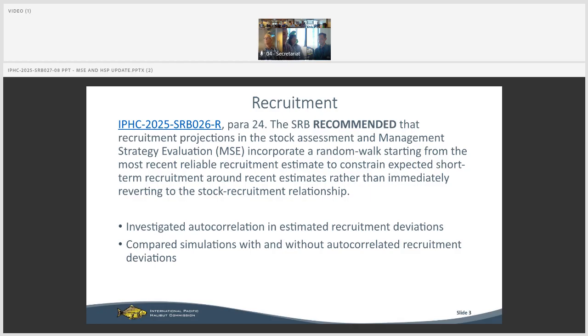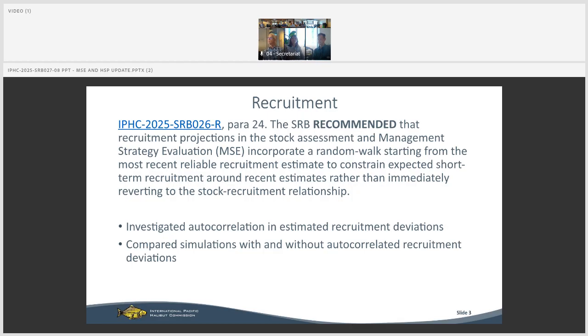So here is the SRB request, and this was for the stock assessment and management strategy evaluation. Ian showed a little bit of this just a few moments ago, showing that for the 3-year projections in the stock assessment, it didn't really have a lot of effect because it's not even coming into the spawning biomass within 3 years. But for the MSE, it could have a much bigger effect.